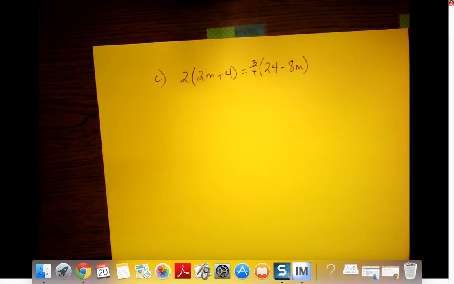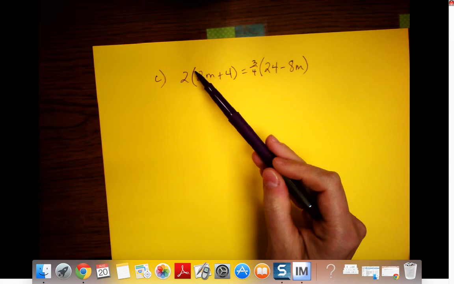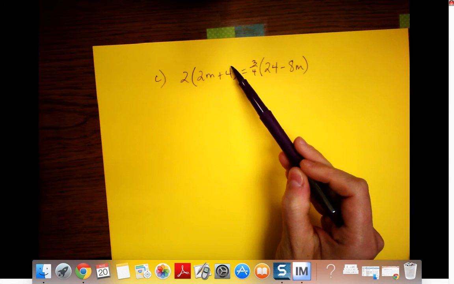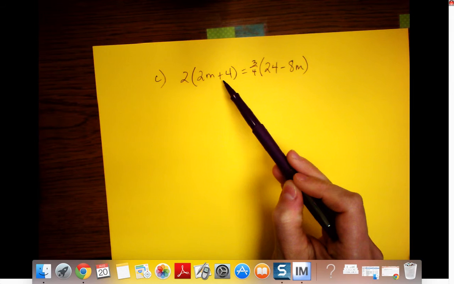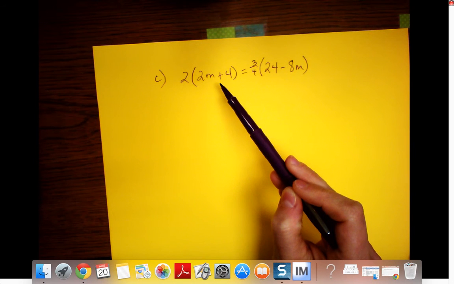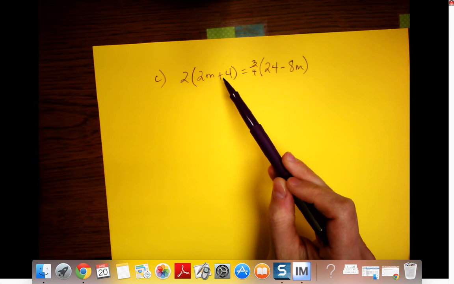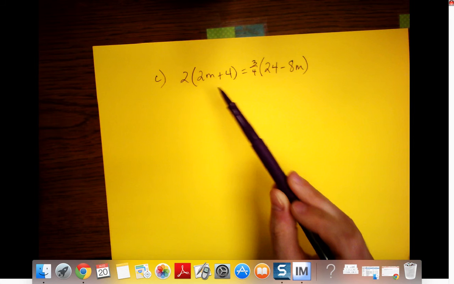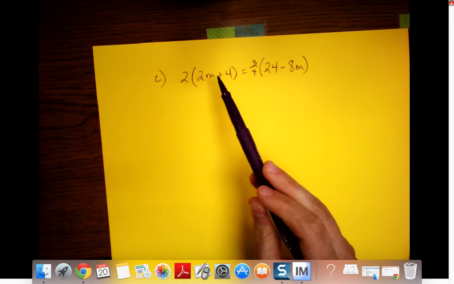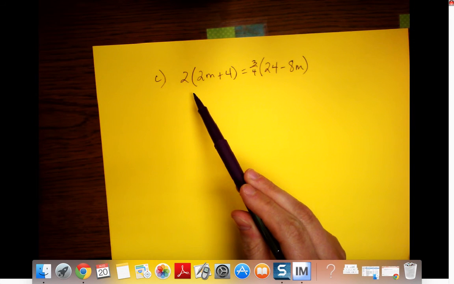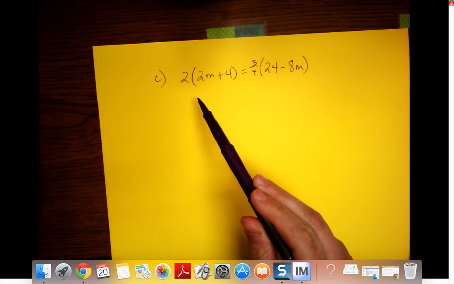Now, anytime you have grouping symbols in an equation such as this, we have these grouping symbols that are grouping these binomials. A binomial is 2 terms. So 2m is a term and 4 is a term. Well, they're being added together, so that's a binomial. So anytime you have the distributive property, you have to do that first before you can solve anything.